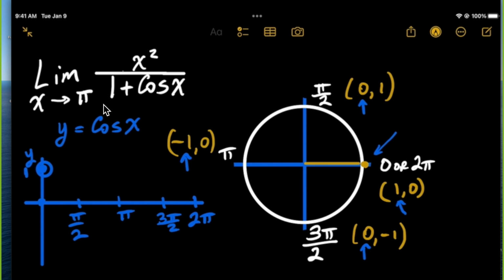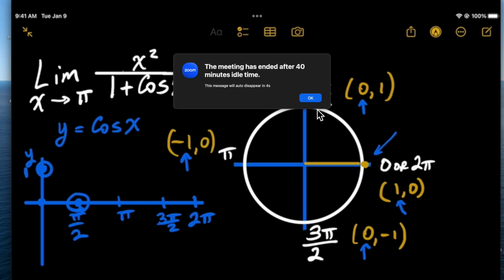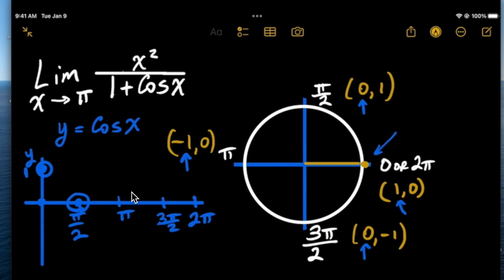And we're going to plot that right here, because that output is 0 on the y-axis. Now let's go to pi. When you're at pi, there's your input of pi as your angle. The cosine of x is -1. So that's down here. So this is -1 on the y-axis, and this is +1.